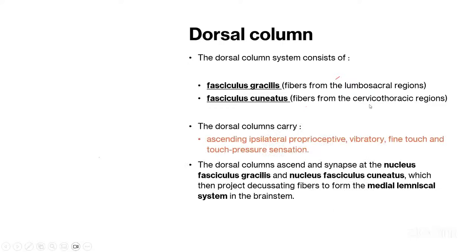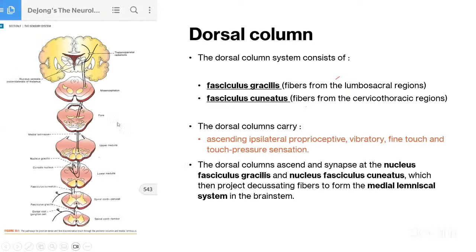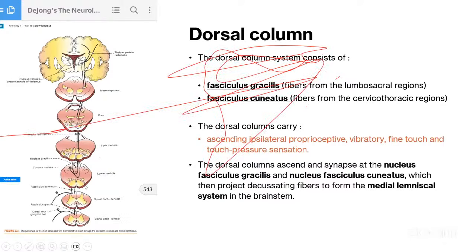Going into the dorsal column, it consists of the fasciculus gracilis and fasciculus cuneatus. Fasciculus gracilis carries fibers from the lumbosacral region, and cuneatus carries fibers from the upper cervical and cervicothoracic regions. These carry ipsilateral proprioception, vibration, fine touch, and touch pressure sensation.